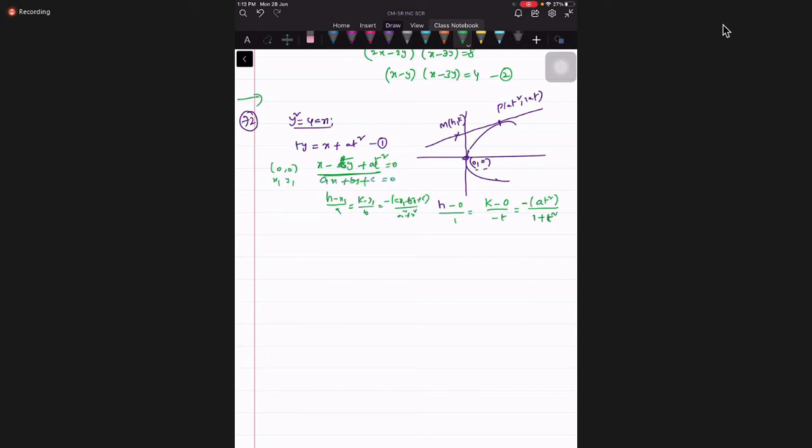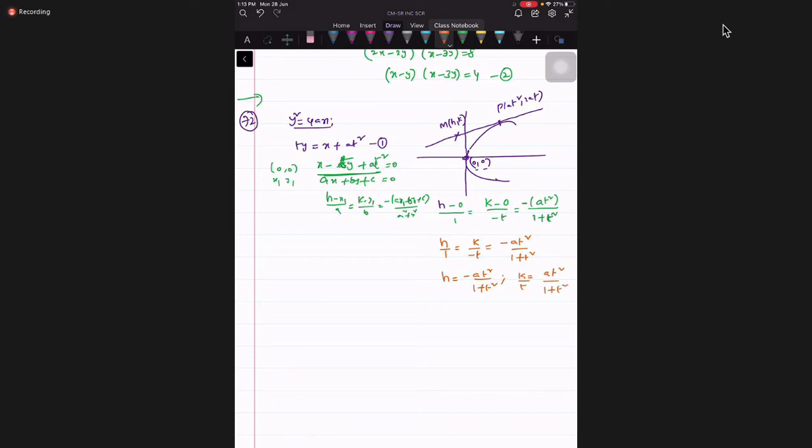Now we'll get h here. So h by 1 equal to k by minus t equal to minus at square by 1 plus t square. So h is minus at square by 1 plus t square and k is equal to at cube by 1 plus t square.